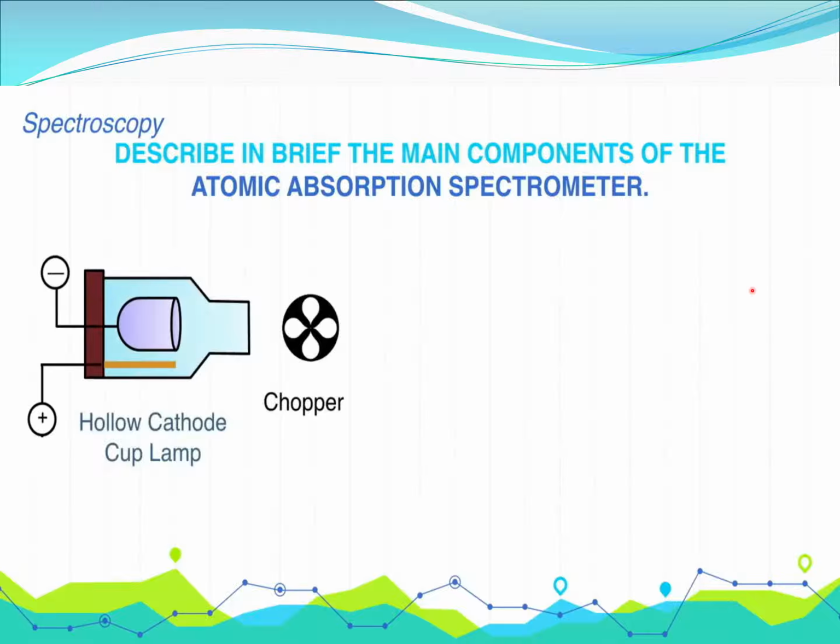So in the recorder we will ultimately see the absorbance using the Beer-Lambert law, and this will determine the concentration of the heavy metals in this solution. So this is the overall mechanism and instrumentation of atomic absorption spectrometry.